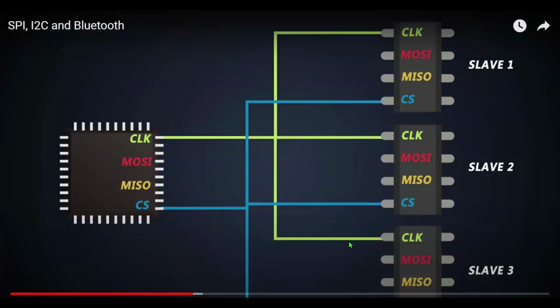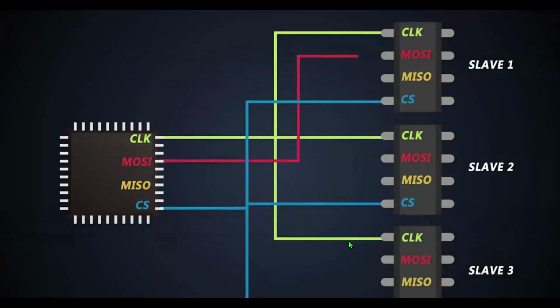The MOSI line of the master is connected to the MOSI of the first slave. The MISO line of the first slave is connected to the MOSI of the second slave. Again, the MISO line of the second slave is connected to the MOSI of the third slave.